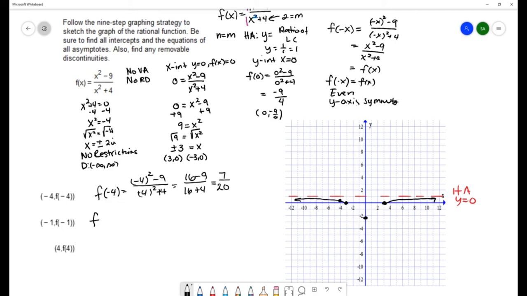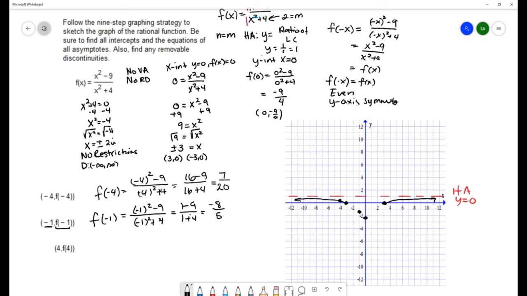Then in this next ordered pair, we have an x of -1, and we need to calculate the y part. f of -1 is (-1) squared minus 9 over (-1) squared plus 4. 1 minus 9 over 1 plus 4 is -8 over 5, and -8 over 5 would be about right here.